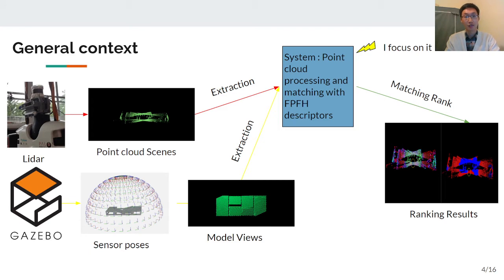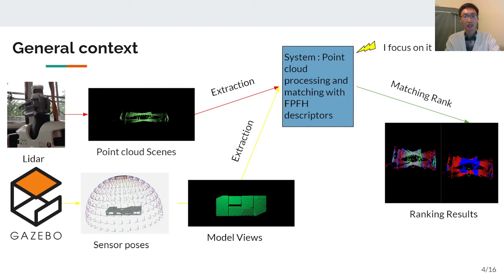Then the system uses PCL functions to voxelize the scenes and estimate FPFH, along with a series of other processes. For the models, we use the K-means algorithm to cluster them. Finally, the system uses the two input FPFH datasets to do the matching work and displays the results based on the matching score, and fits out the area where the target object is located.